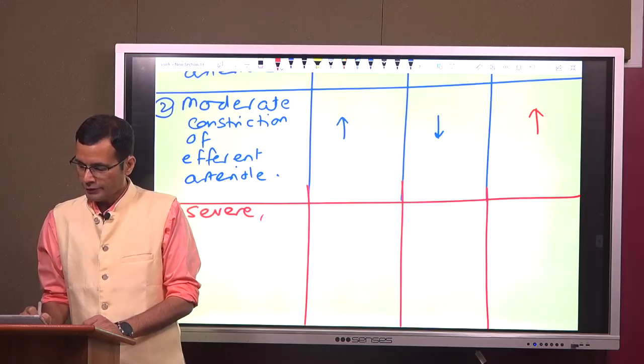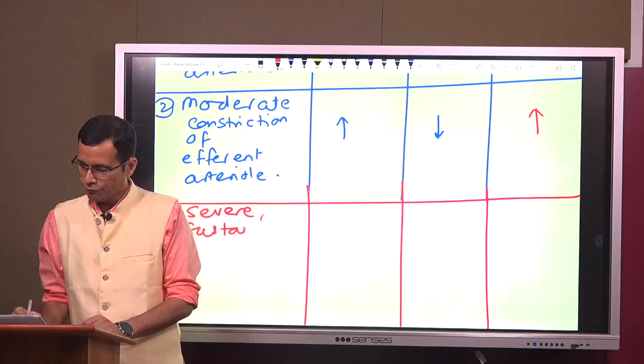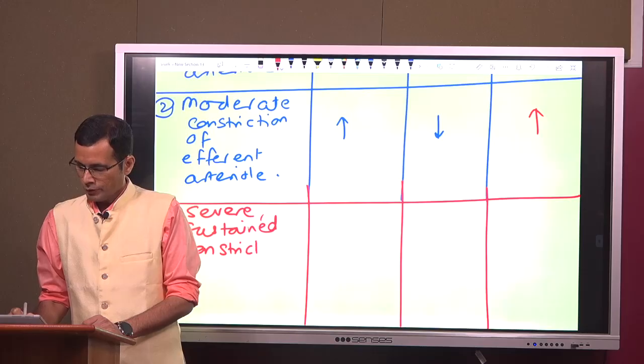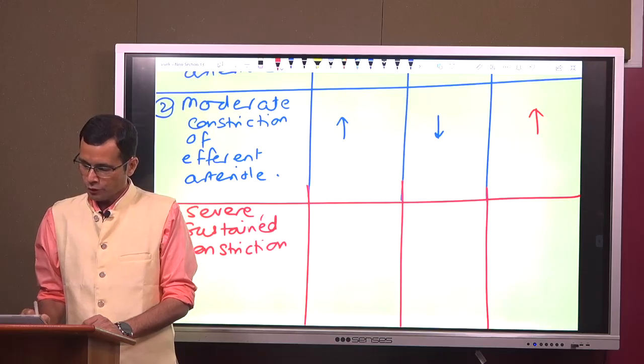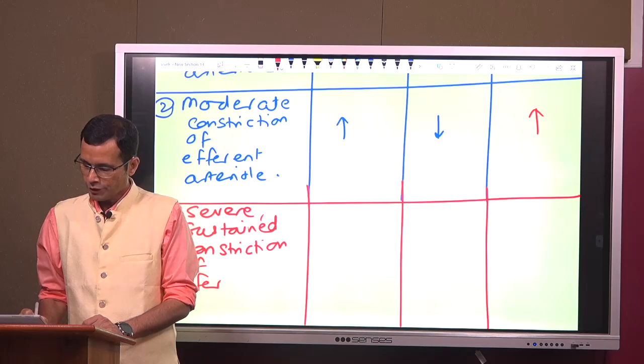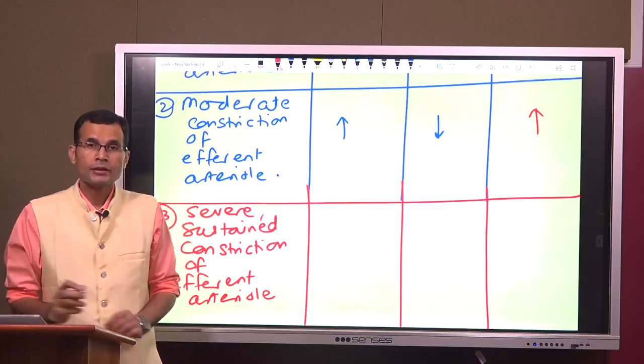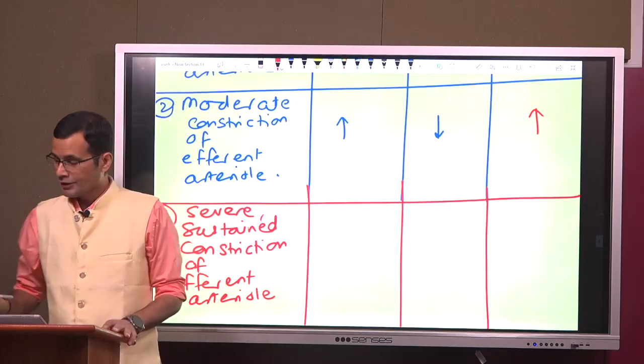Severe and sustained constriction of efferent arteriole. Now, there is a change in the scenario.